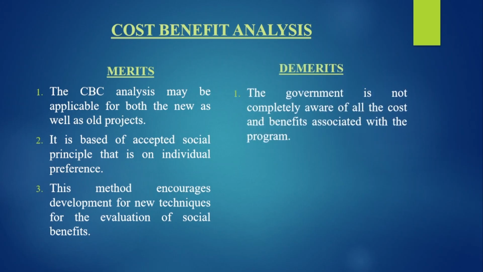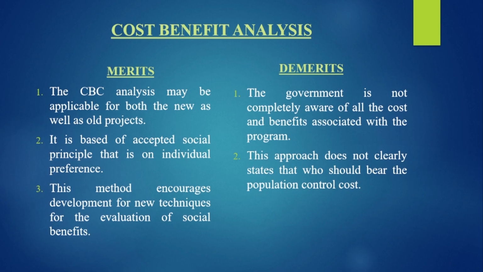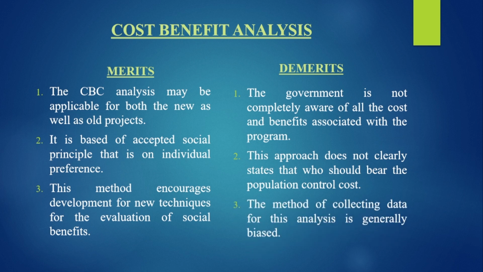There are some demerits of cost benefit analysis. First of all, the government is not completely aware of all the costs and benefits associated with the program. Secondly, this approach does not clearly state who should bear the population control cost. Thirdly, the method of collecting data for this analysis is generally biased.